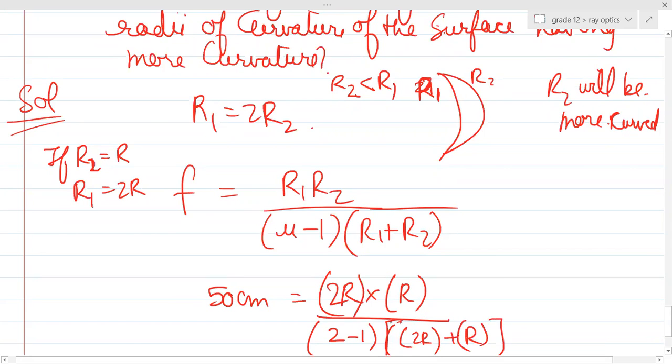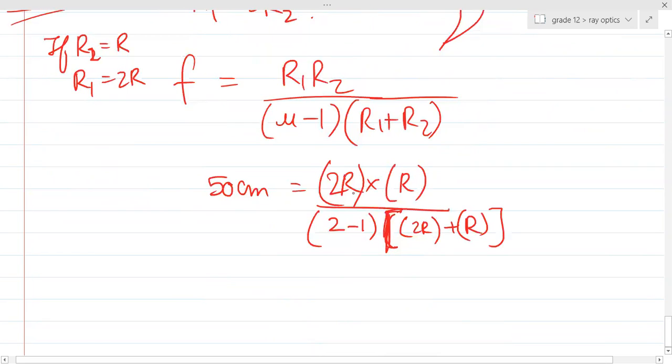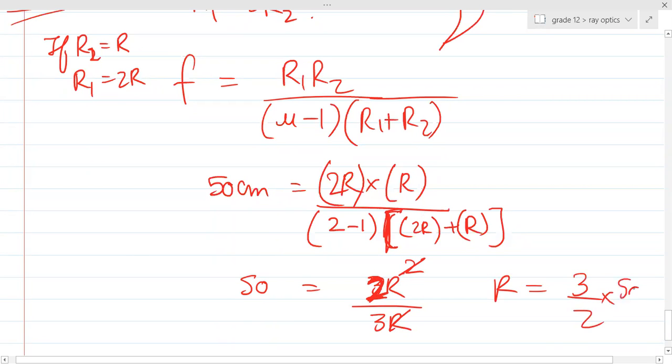And I'm not putting any signs in this, guys. Why? Because I just want to calculate the magnitude. So 50 will be equal to 2R square divided by 3R. 1R will cancel with 1R, and R will be equal to 3 by 2 times 50, which will be 75 centimeter, right?